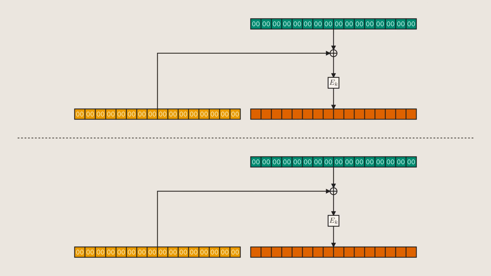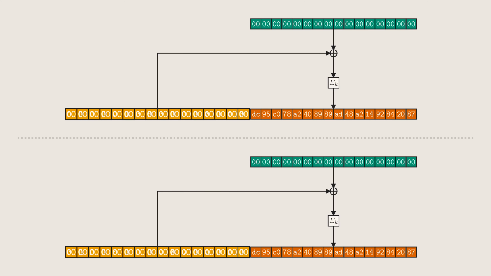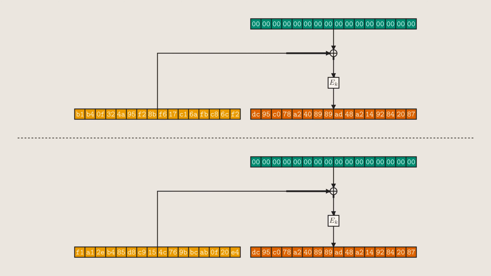In this case, we have all the issues that we had with ECB. For instance, consecutive encryptions of the same plaintext block will always result in the same ciphertext block. And more generally, this problem exists with any fixed or reused IV, not just for the zero IV, which is why each ciphertext's IV needs to be randomly generated. And indeed, we can see here that if we modify this figure to use properly randomly generated IVs, then that change propagates through the XORs and is reflected in the ciphertexts.